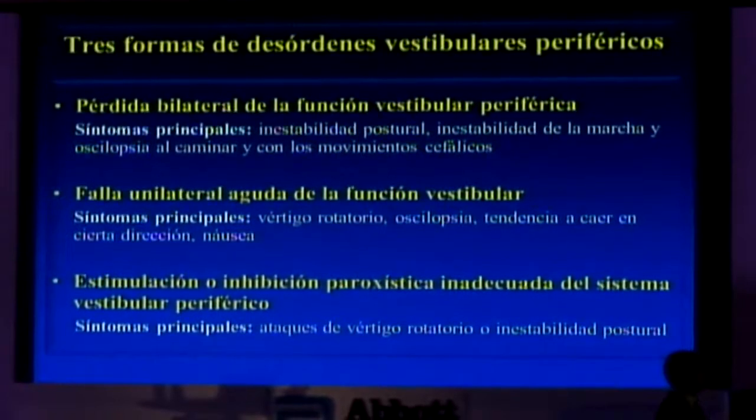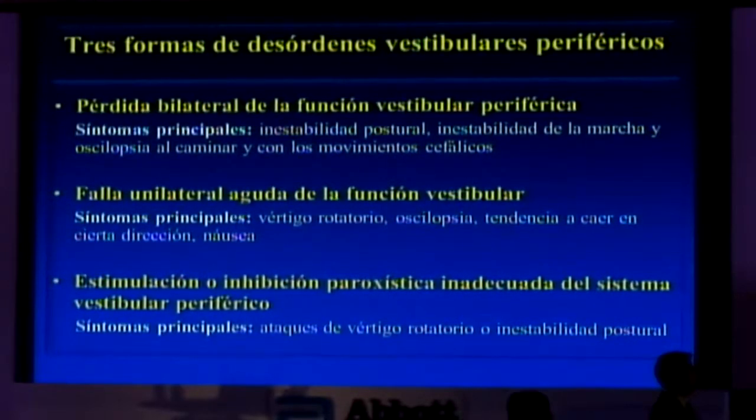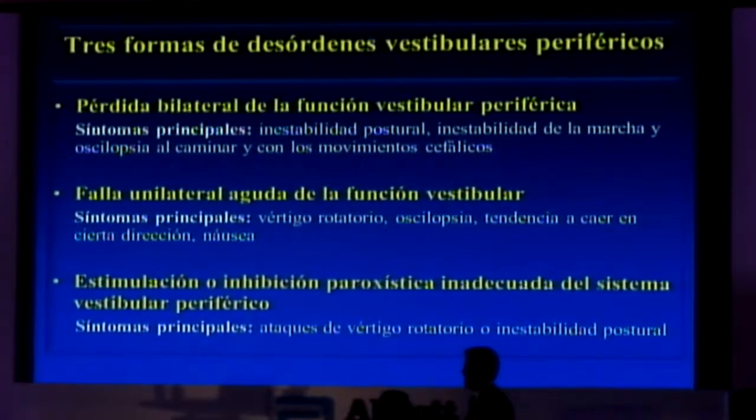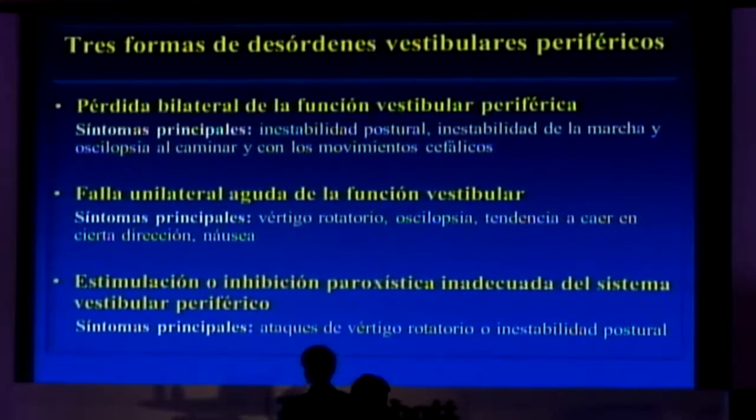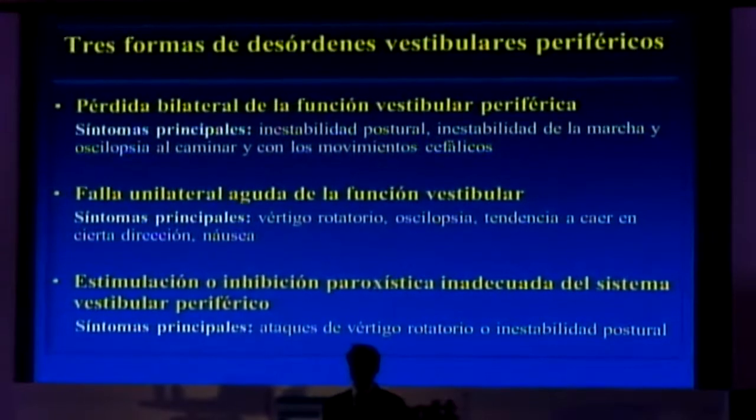So, acute onset. These patients with vestibular neuritis, they also have oscillopsia. But in these patients, oscillopsia occurs spontaneously, whereas, as mentioned before, in patients with a bilateral vestibulopathy, oscillopsia occurs only during movements due to the deficit of the vestibular ocular reflex.